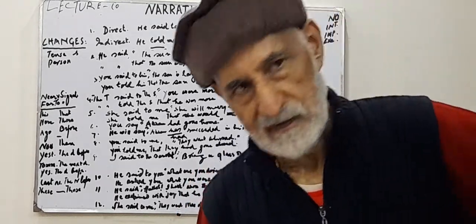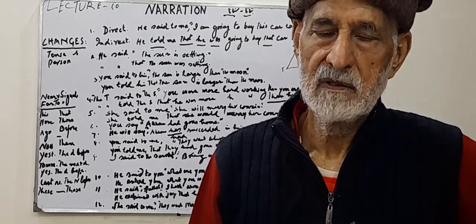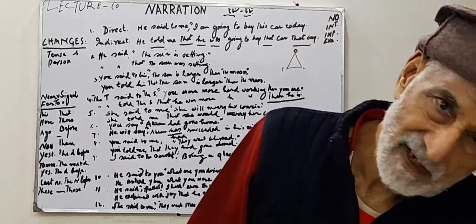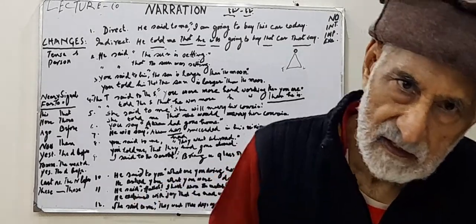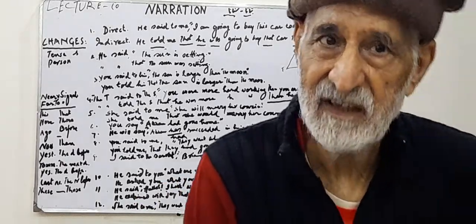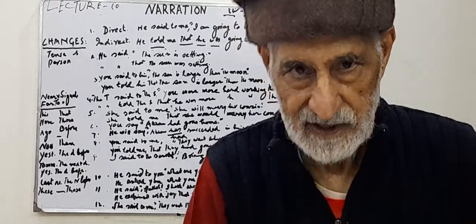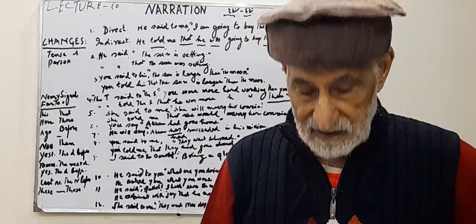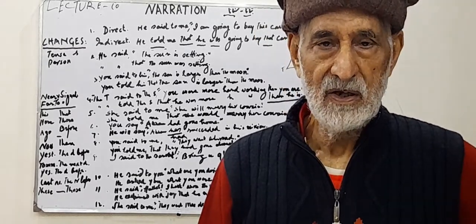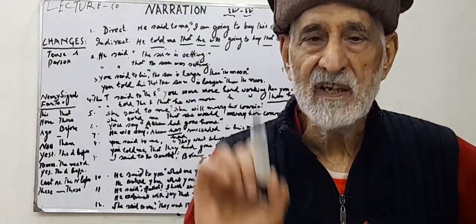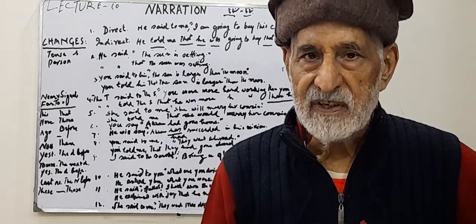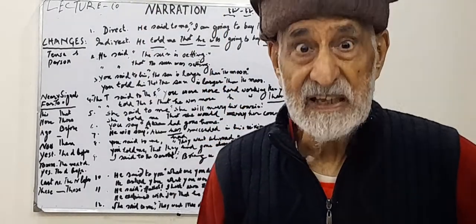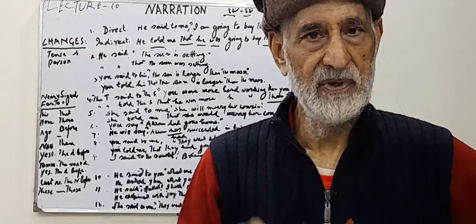Yesterday, the previous day. Tomorrow, the next day. These are time signals which you are to change. The basic principle is that the near signal will go to far signal. This into that. These into those.